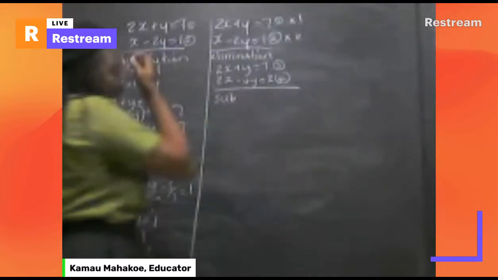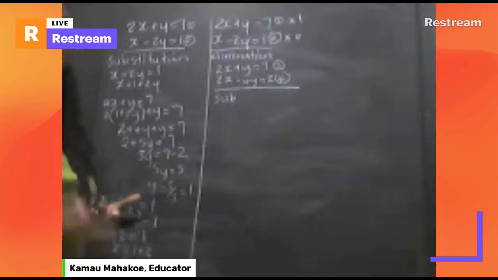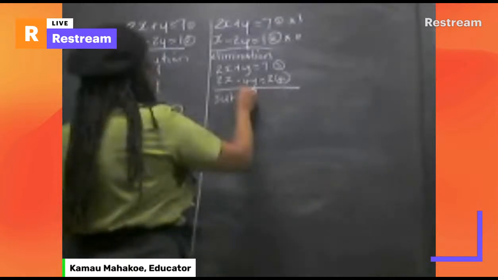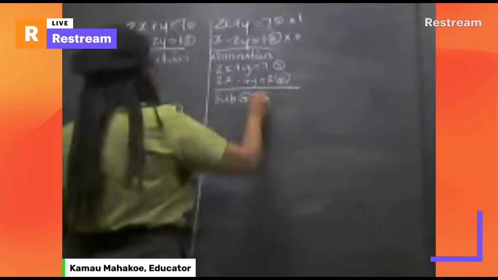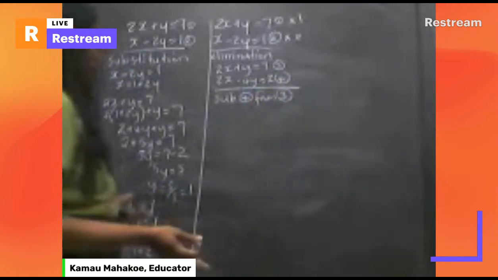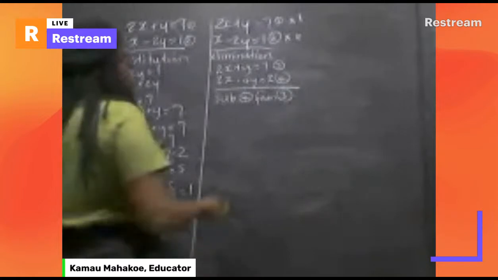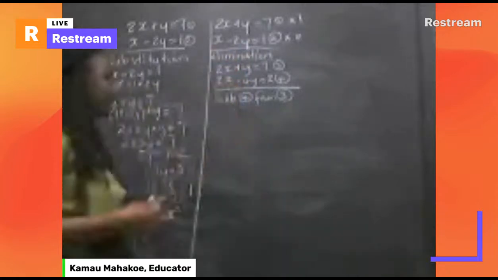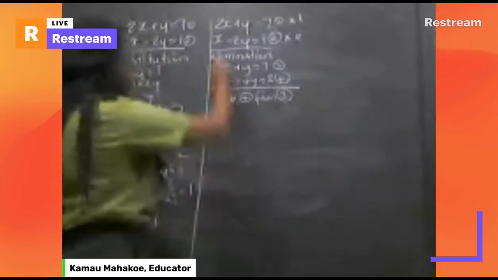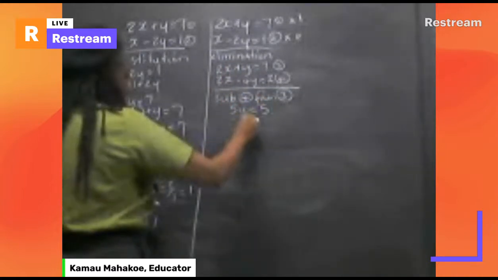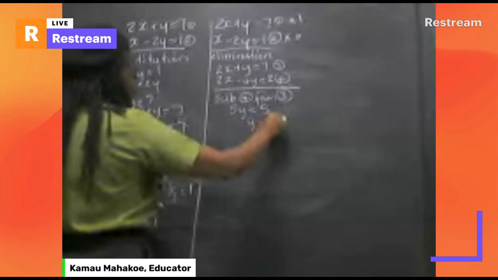I subtract equation 4 from equation 3. You could have done 3 from 4. So that I'll get 0, which eliminates the x variable. 1 minus negative 4 is 5 and 7 minus 2 is 5. So y is 5 divided by 5, which is 1.